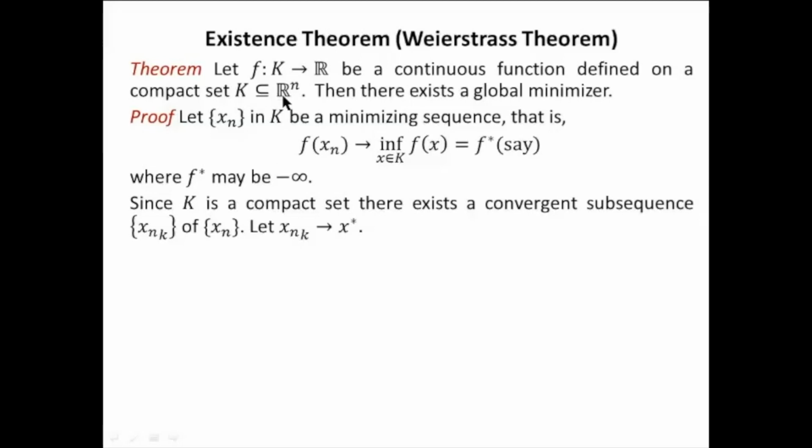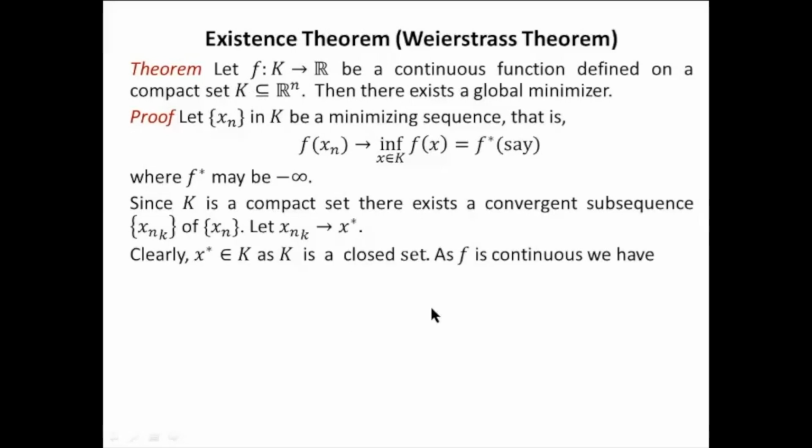Now K being closed, x star is automatically going to be in the set K. Also, f is continuous, and x_{n_k} goes to x star. So applying the continuity, f(x_{n_k}) goes to f(x star).